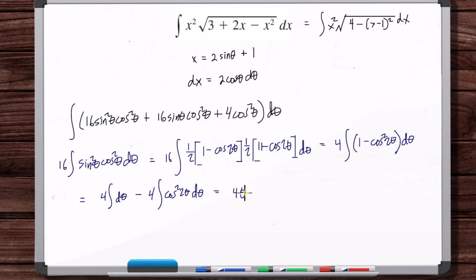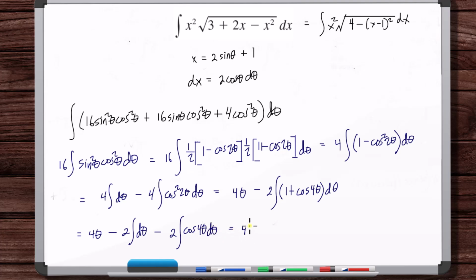So we've got 4 theta, and then here we want to use the half angle identity again. So we're going to have 1/2. So let's bring the 1/2 out, and then 1 plus cosine 4 theta, right? Because we're doing this with cosine squared 2 theta. Okay, so we've got 4 theta minus 2 d theta minus 2 cosine 4 theta d theta.